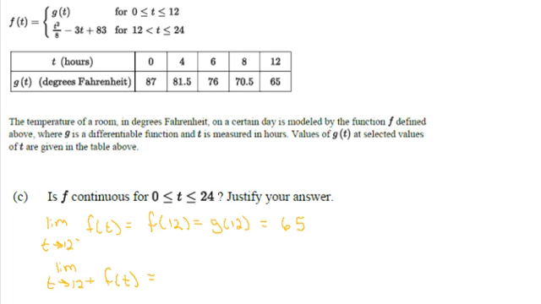Let me see. t approaches 12 from the right, that limit of t squared divided by 8 minus 3t plus 83. Now using substitution, that gives us 12 squared divided by 8 minus 3 times 12 plus 83, and that equals 65.